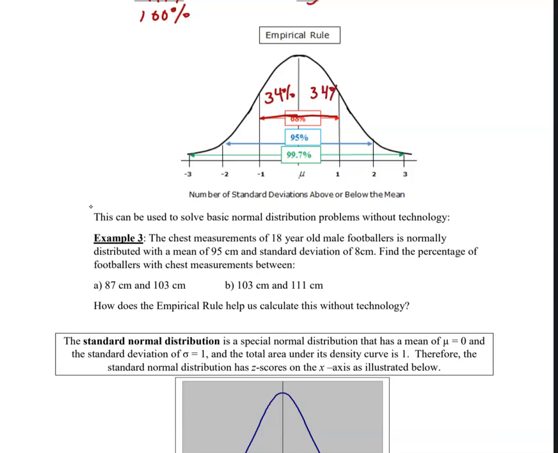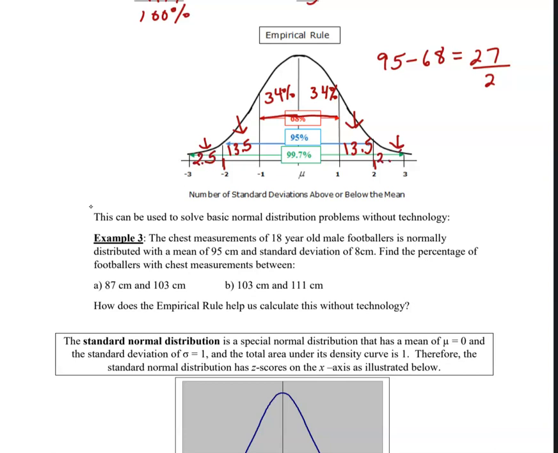And then if 95% covers all the way out to 2 standard deviations, if we take 95 and cut out that middle 68, that leaves us with 27 remaining for this section and this section. So if we divide that in half, we get 13.5 for each of these little subsections. And then we have 5% remaining for the 2 tails. So if we cut that in half, we get 2.5%.